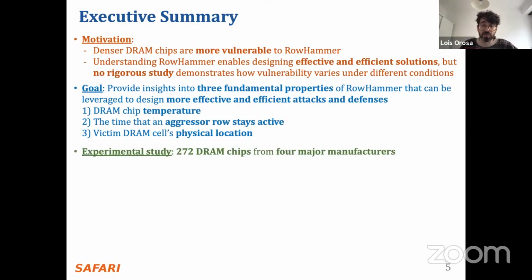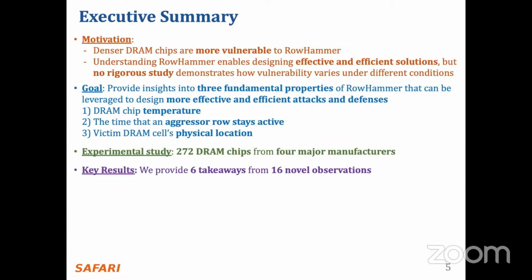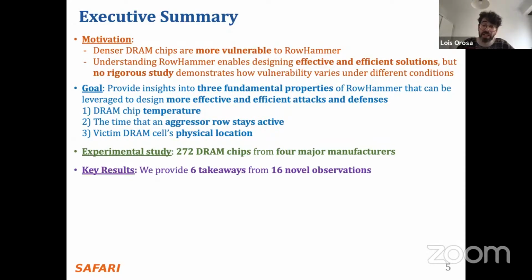In this study, we test 272 real DRAM chips of DDR3 and DDR4 modules from 4 major manufacturers. Based on our analysis, we draw 6 key takeaway lessons from 16 novel observations.